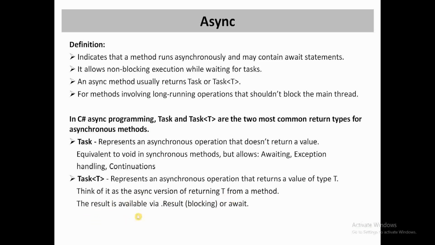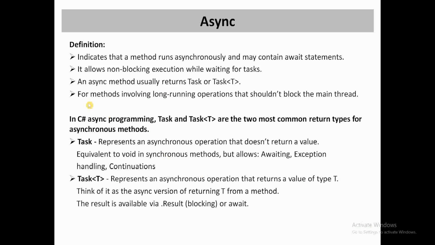The result is available via Result blocking or await. We can use the await keyword inside that particular method. And one thing we have to mention here: if we want to call that particular asynchronous method, we have to use the await keyword. Without it, it will not provide us the result. We have to use the await keyword where we are calling these asynchronous methods.